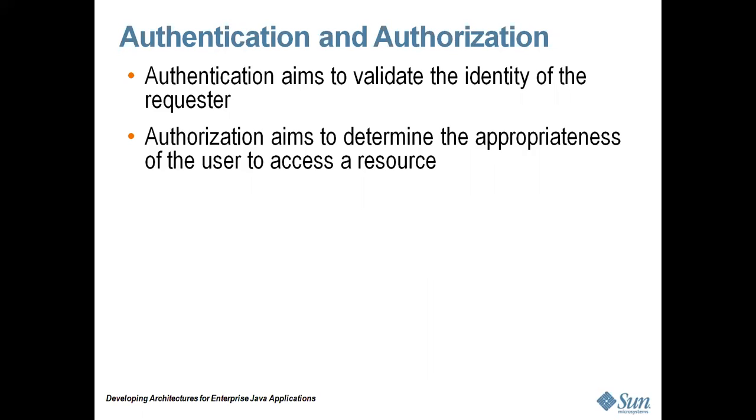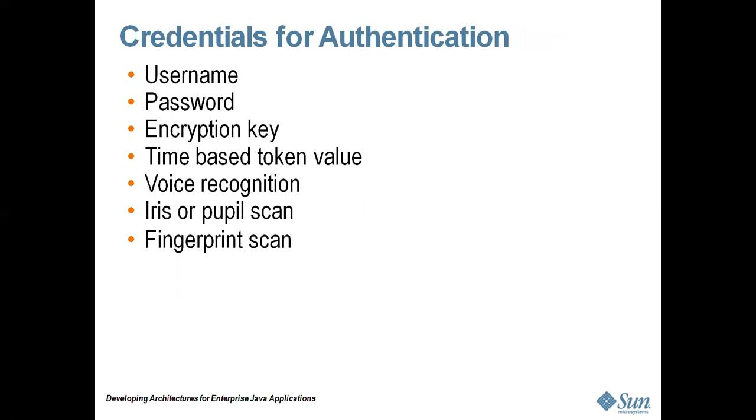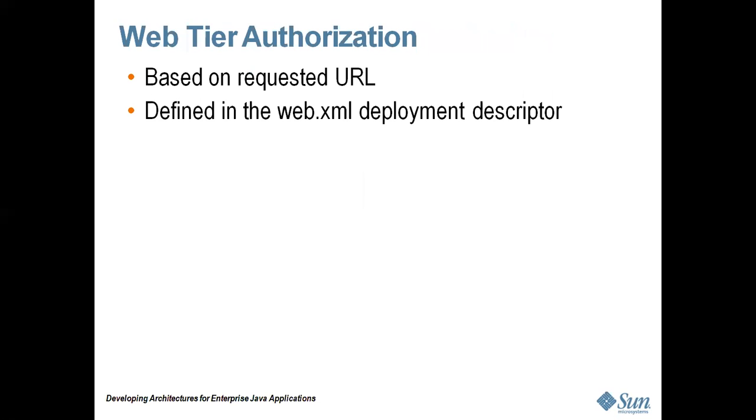Authorization is who can access what kind of resource. So mainly when using authentication, a user and password is one type, encryption keys such as a private key, and then a token. Another kind is voice recognition, iris or fingerprint scans, which can also be used as credentials for authentication. And then authorization is based on URL.